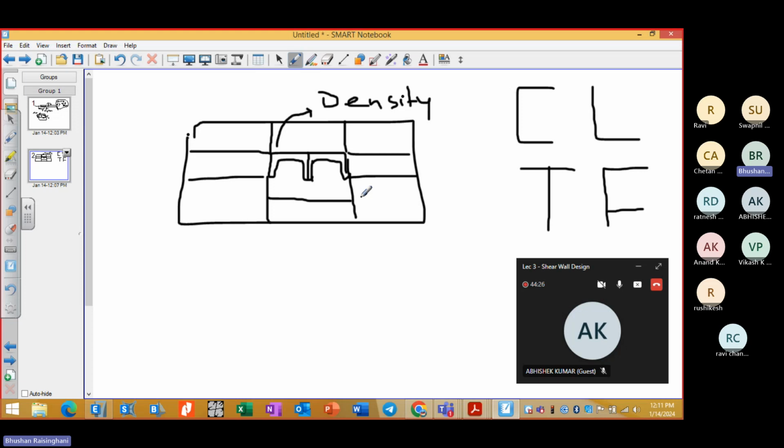So that is why the lift core and the staircase well, your lift well and the staircase well should be within the core of the building. Okay, otherwise it will not suffice the requirement. You will have to separate out the staircase with the core wall if it is not connected. But as per the requirement of the code, it should have three sides of the shear wall.